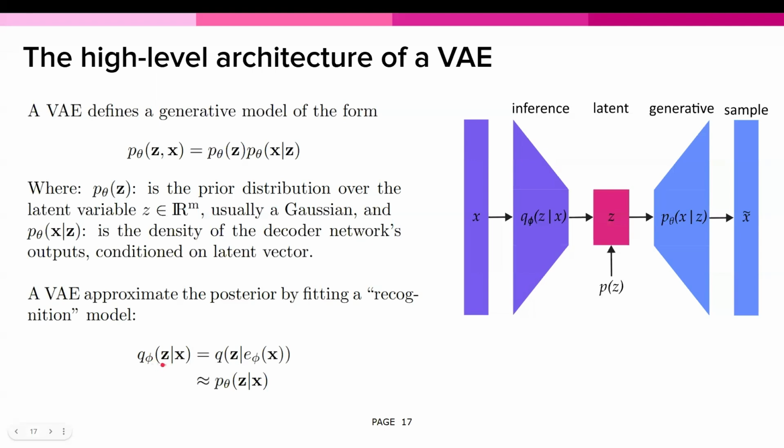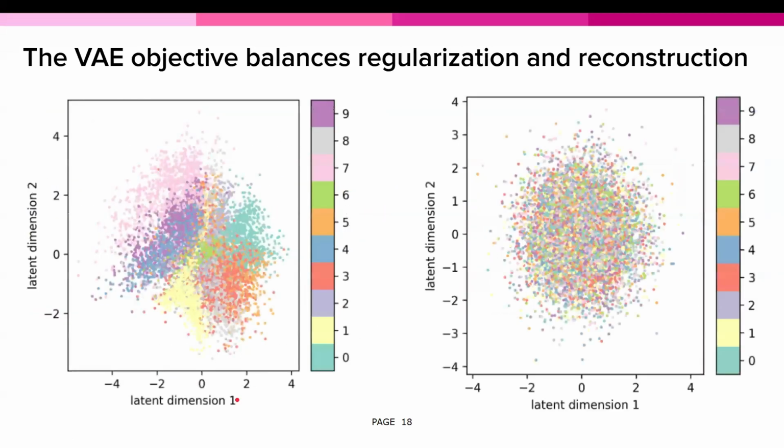The role of this recognition model is to provide a tractable approximation to the true posterior. As we'll see next, during training, the VAE is going to optimize both the encoder parameters and the decoder parameters to make the approximate posterior as close as possible to the true posterior.